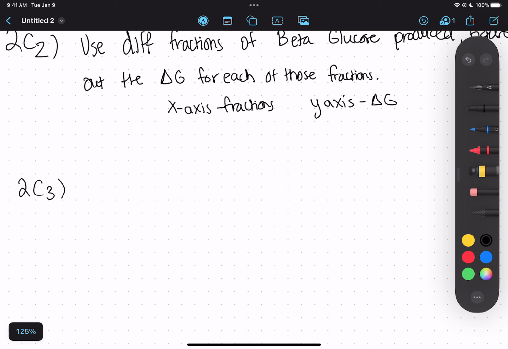Did you increase or decrease your delta G value? Increased it. Exactly, getting closer to 0, so you increased it.